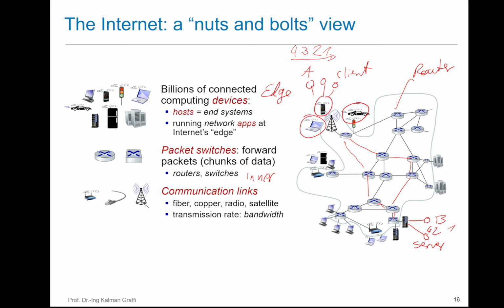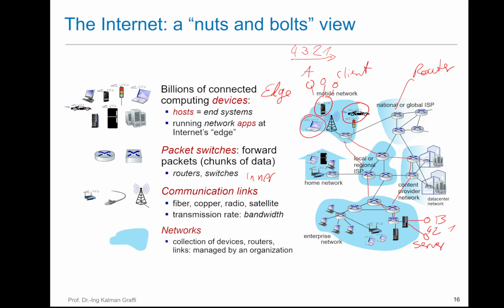Then we have all the links in between, how these routers are connected. That's fine, but these are the core components and how they are associated. Typically you have some kind of private network, a home network, a mobile network, an enterprise network. They manage their internal IP address assignment, and the routers might be organized in different hierarchical associations.